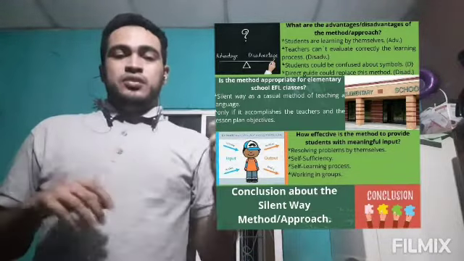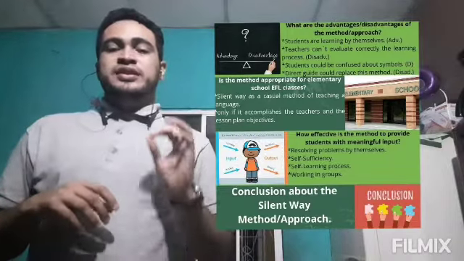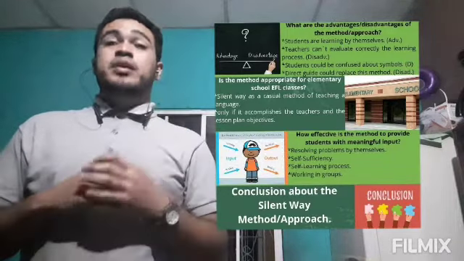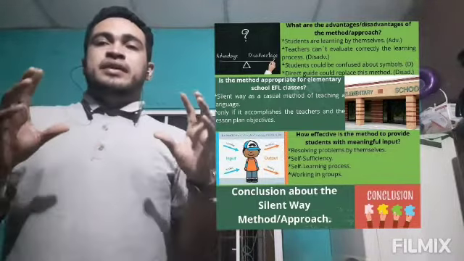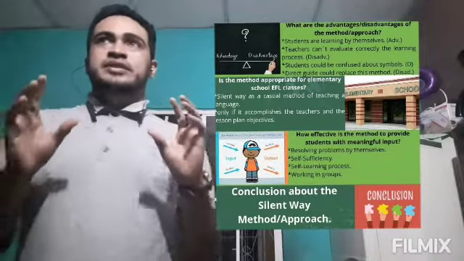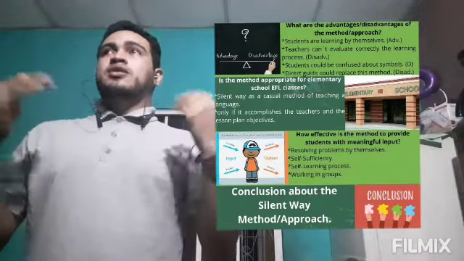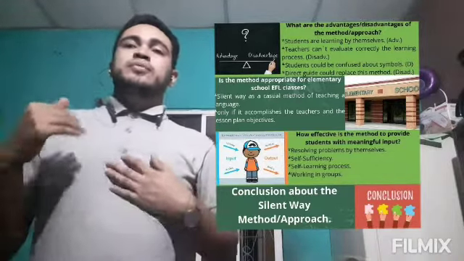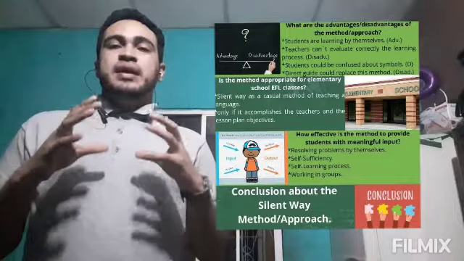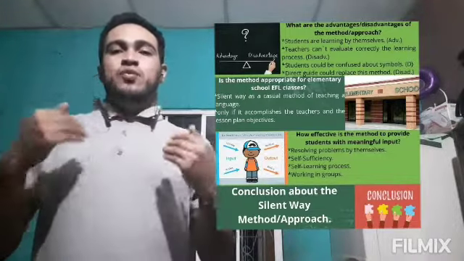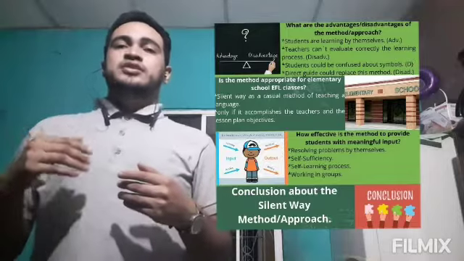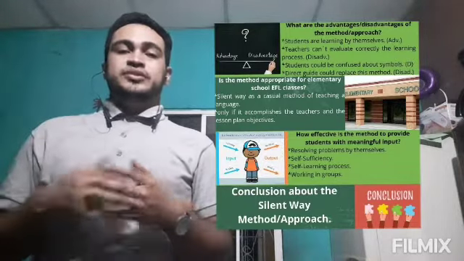And also only if it accomplishes the teacher's and the lesson plan objectives. As I said before, the lesson plan has specific objectives to accomplish the learning process. So if this method accomplishes these objectives, we can use it in English language teaching.